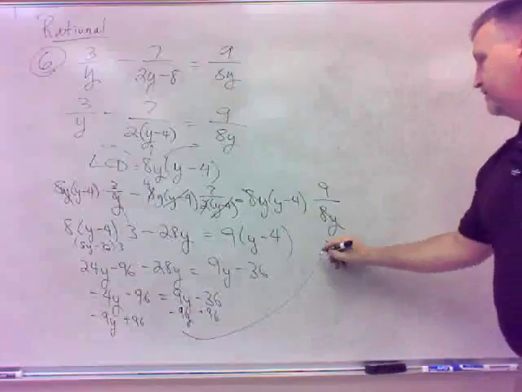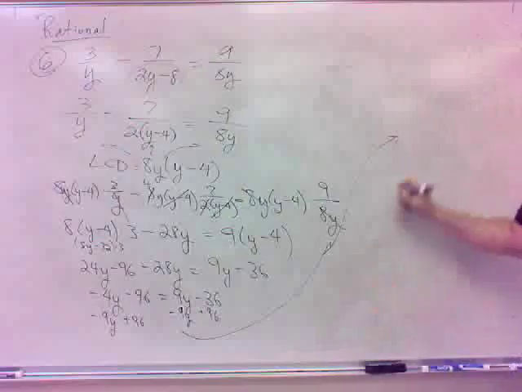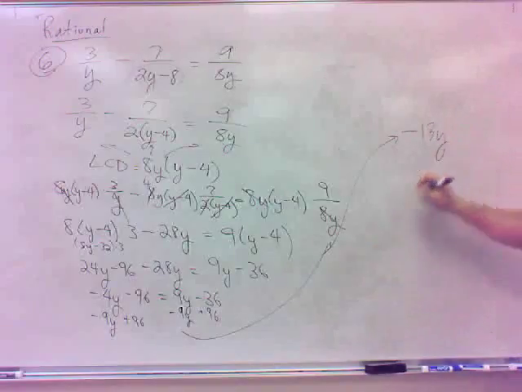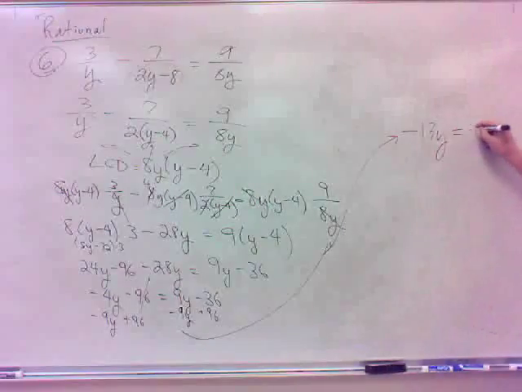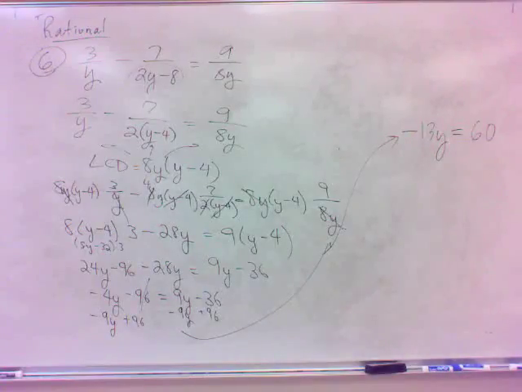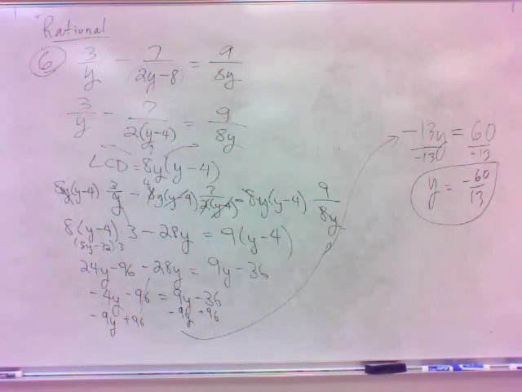For that there, I'm going to get negative 13y equals 60, I do believe. Check me on that. Did I get that looking right? Okay. All I have to do then is divide by negative 13. y equals negative 60 over 13. It's not an excluded value. There we go.